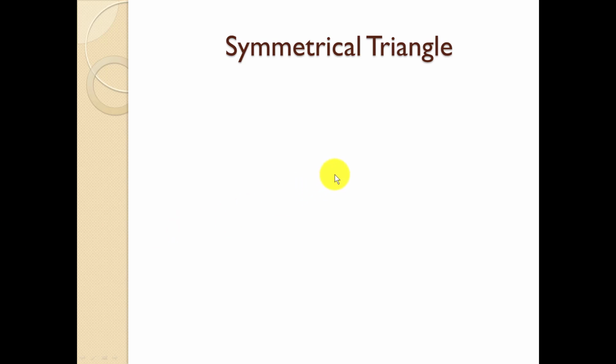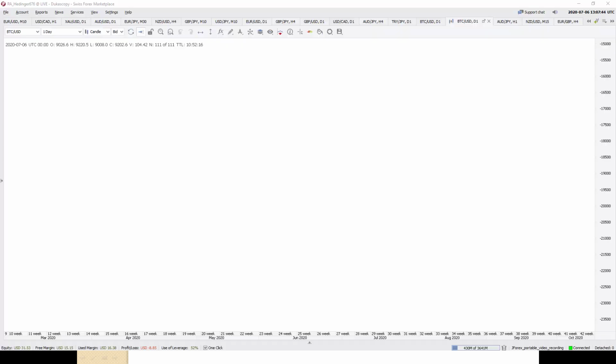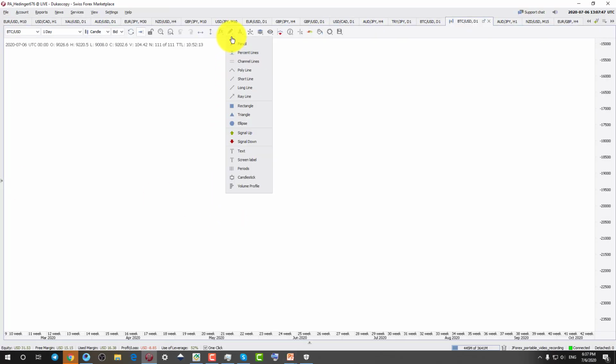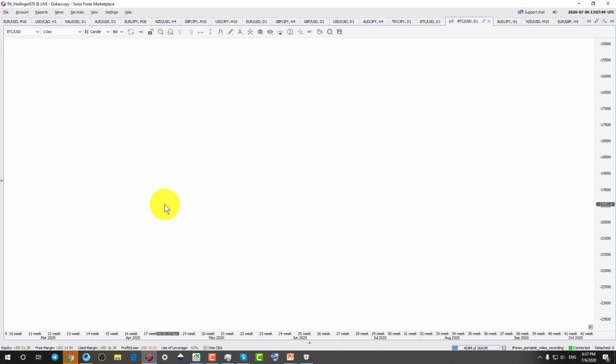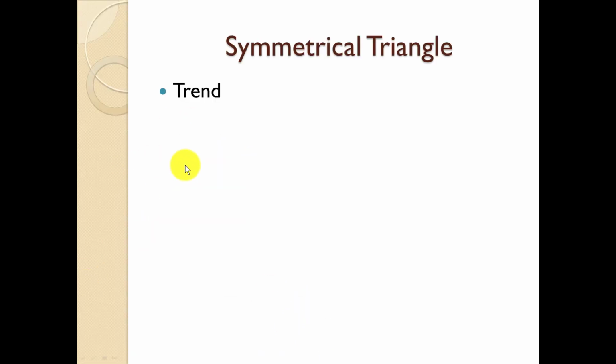So first thing that we need in a symmetrical triangle is a trend. That means first we will do a rough and then we'll try to find it in the real chart. Suppose there was an uptrend, because we just mentioned that it needs a prior trend. Now this is of course a trend.